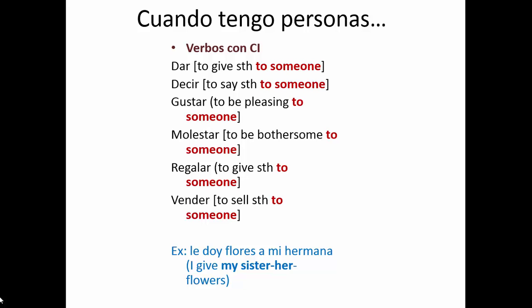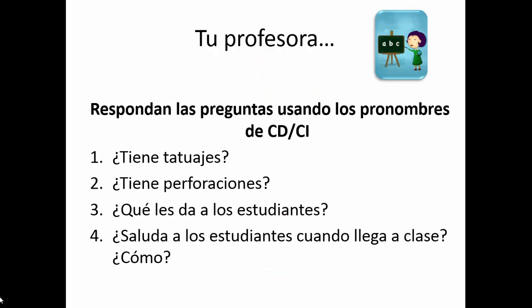Dar, to give something to someone; decir, to say something to someone; gustar, to be pleasing to someone; molestar, to be bothersome to someone; regalar, to give something to someone; and vender, to sell something to someone. When we come to class the next time that we meet, we're going to practice using indirect object pronouns with these verbs.